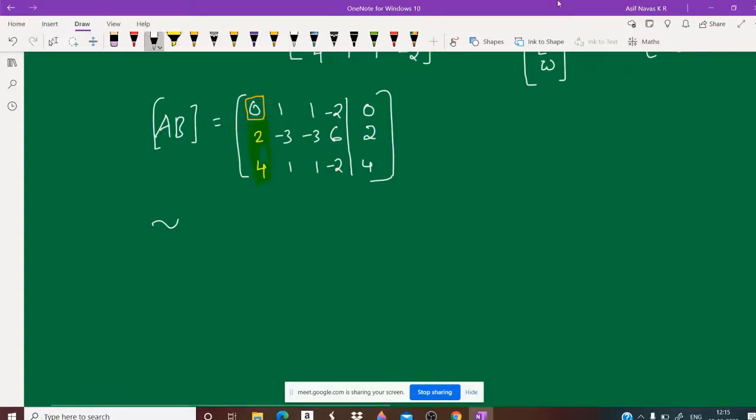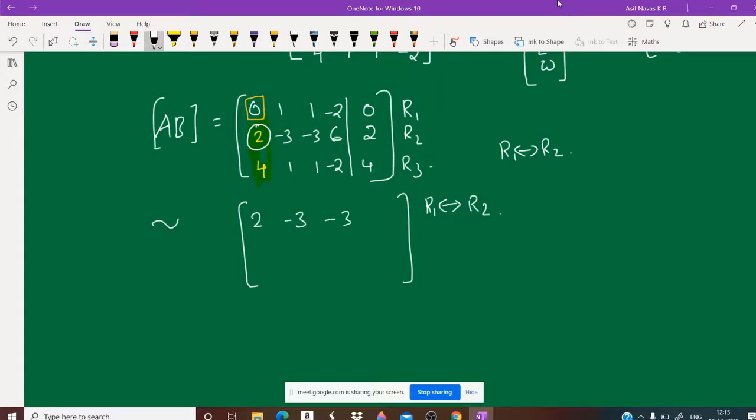There is a non-zero element here. This is R1, R2, R3. So we will interchange R1 and R2. 2, minus 3, minus 3, 6, 2, and 0, 1, 1, minus 2, 0, 4, 1, 1, minus 2, 4.